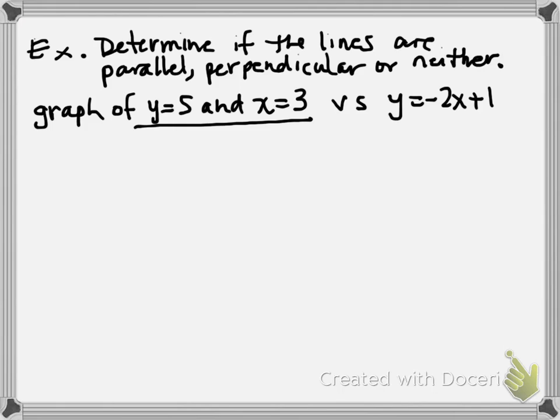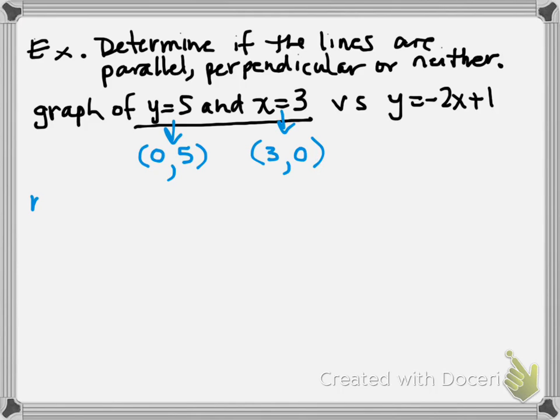So to determine whether we have parallel or perpendicular lines or neither, what we need to do is figure out slopes. So the first equation, we're going to have to figure out its slope. But I can't figure out its slope the way it's written. So to do slope, I need two ordered pairs. So first job is to rewrite these points as ordered pairs. So how would I write y equals 5 as an ordered pair? 0, 5. And how would I rewrite x equals 3 as an ordered pair? 3, 0.